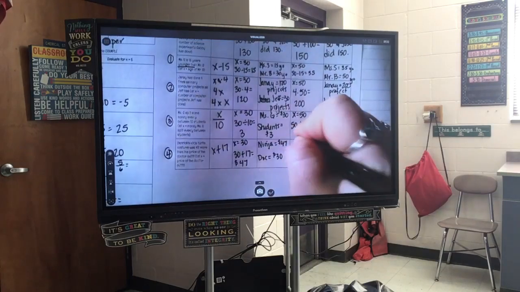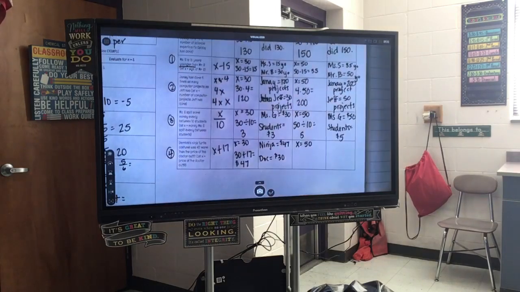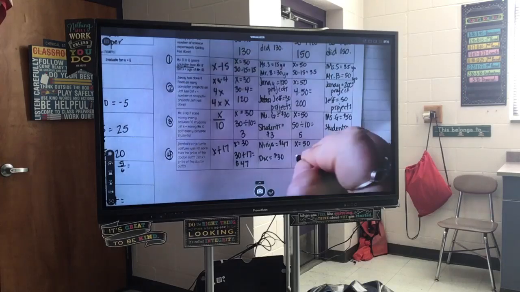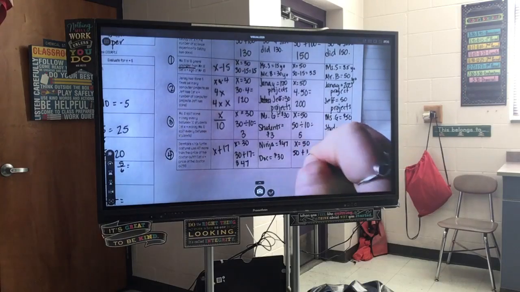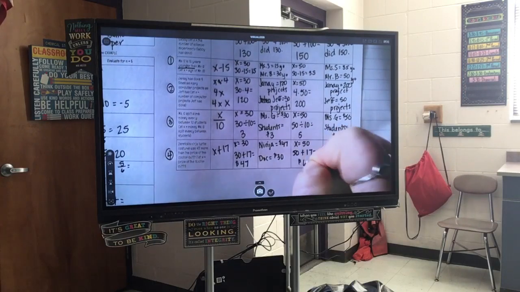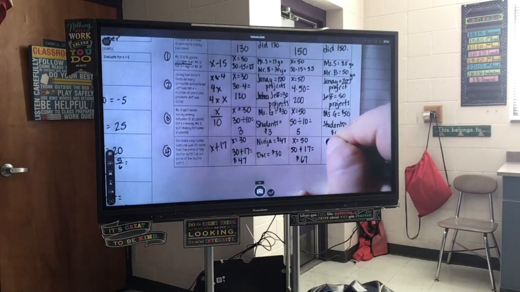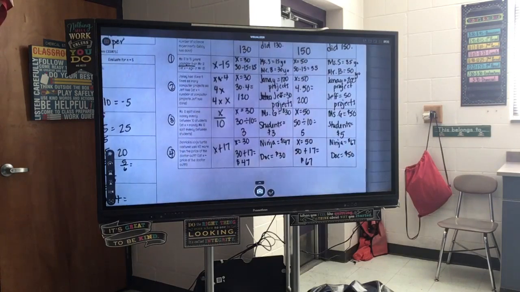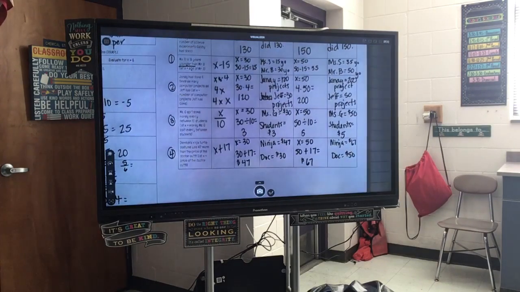If x equals 50, Kaylee, x equals 50, then we do 50 plus 17, which gives us? All right, and what does that mean? Ninja Turtle costume, $67.